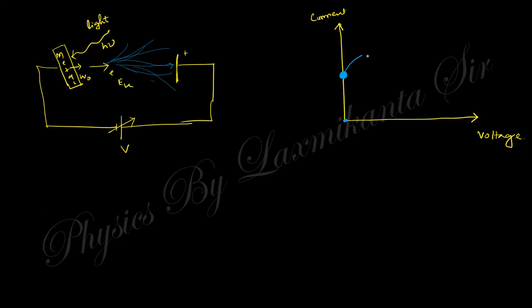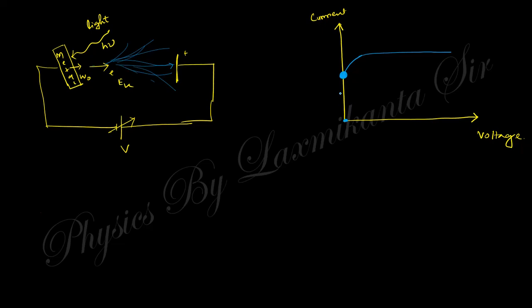After that, this will be saturated. Why is this saturated? Because the intensity of light is fixed. This intensity measures how many electrons are available in this region.